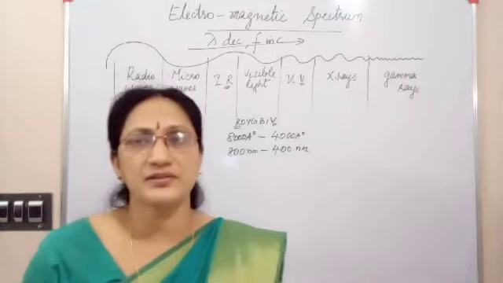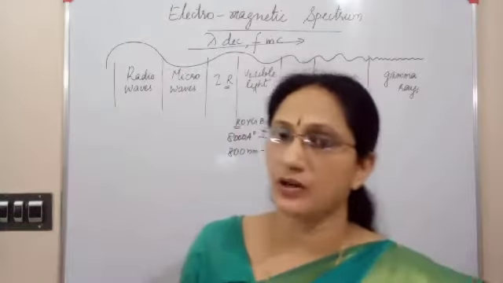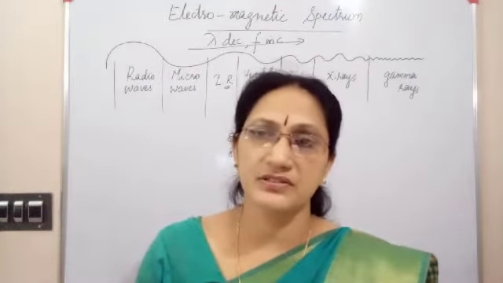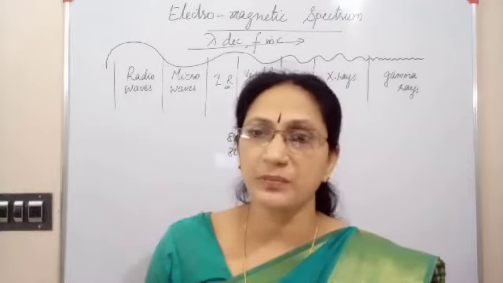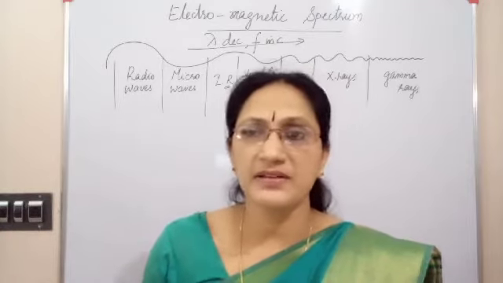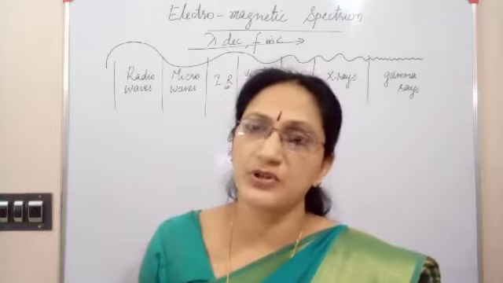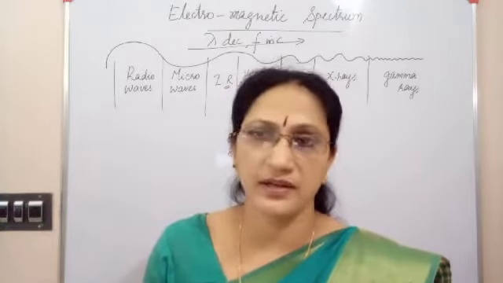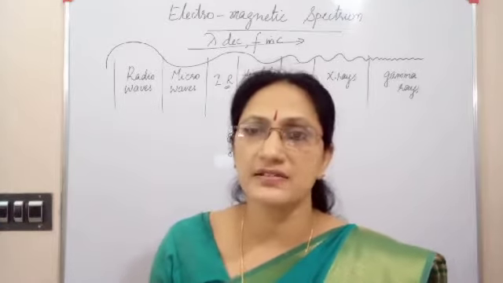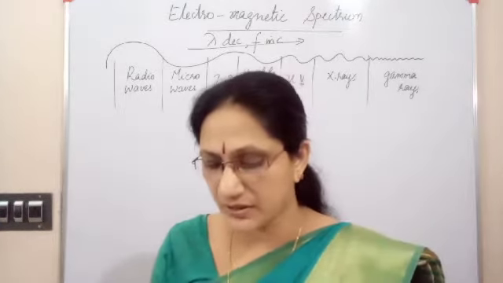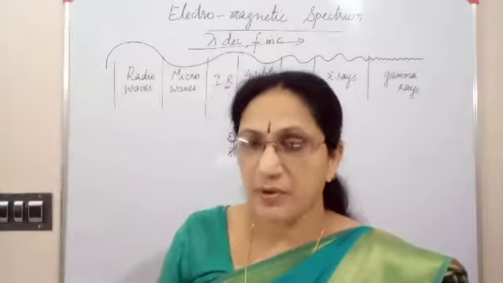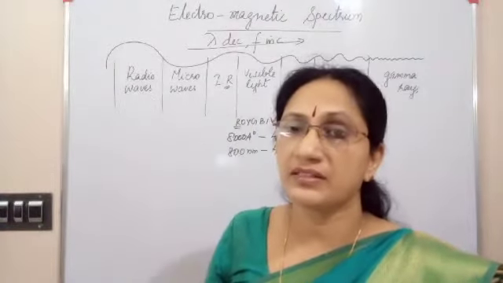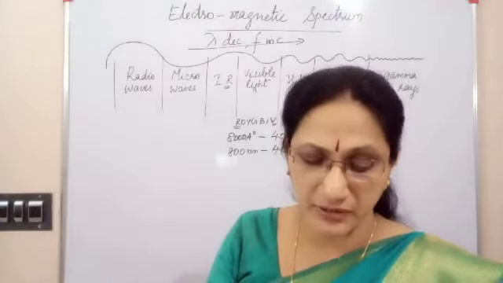If gamma radiations pass through the human body for a long time, they make biological damage, not only to human beings, but to all animals and plants. Long exposure to gamma radiations causes damage. Even genetic disorders can happen if our body gets overexposed to gamma radiations. Among all these electromagnetic waves, gamma rays make the maximum biological damage.